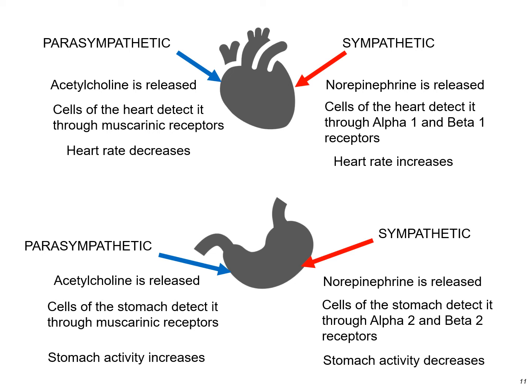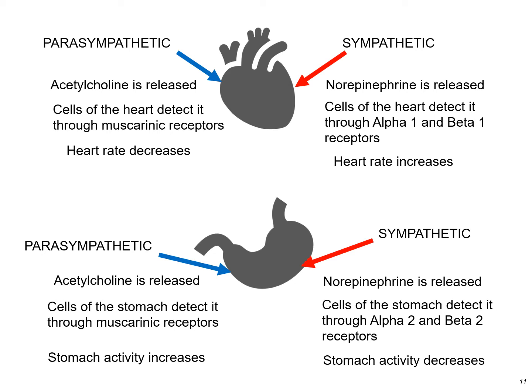The stomach responds the opposite way, stomach activity will decrease. And when we say stomach activity in the digestive system, we'll go into greater detail. Production of digestive enzymes decreases here, and stomach motility, the mixing and churning of the stomach, decreases. So overall stomach activities, digestive activities decrease.